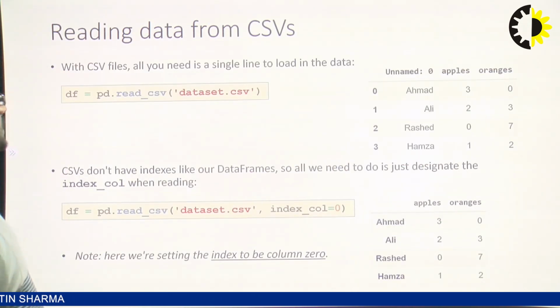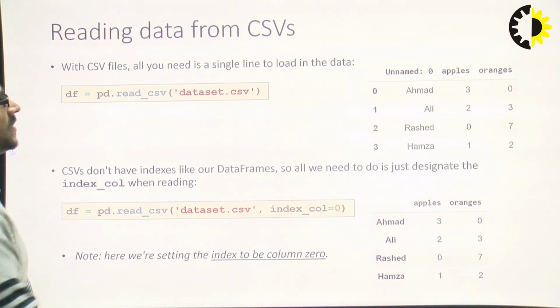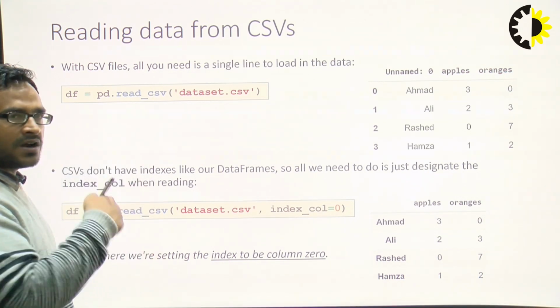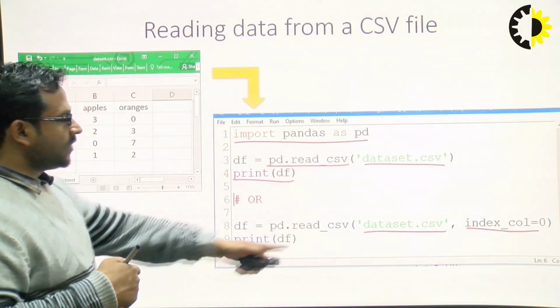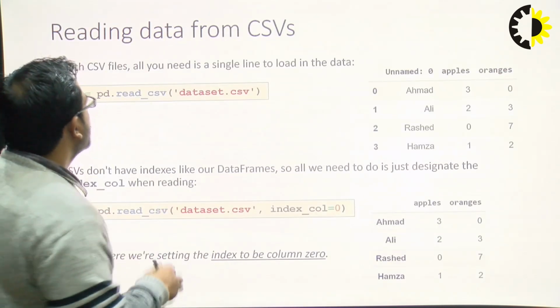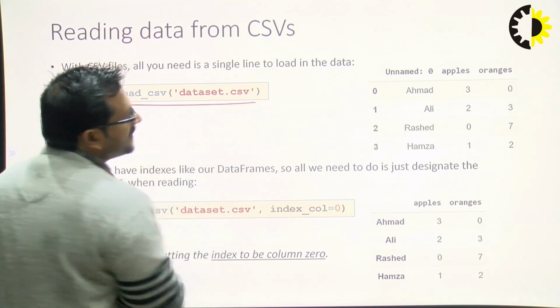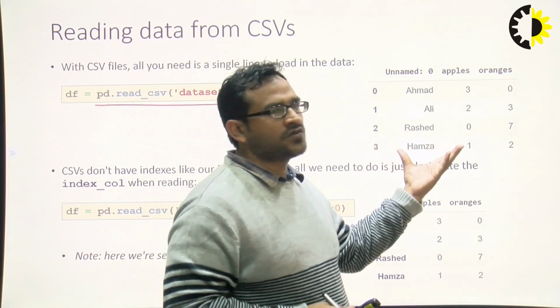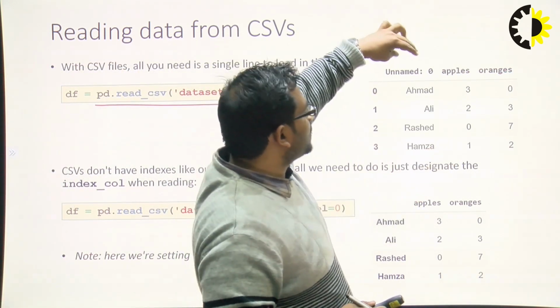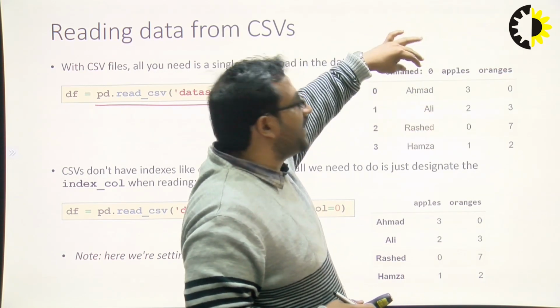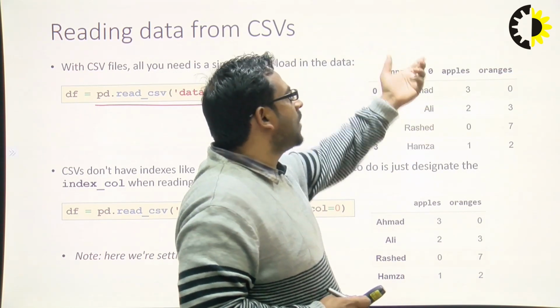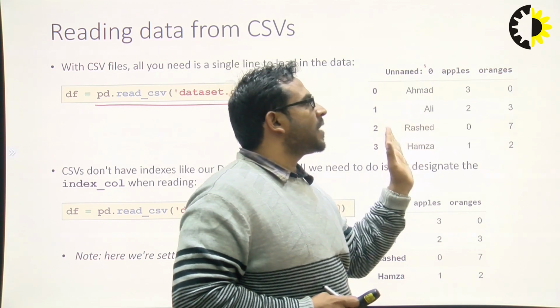Similarly, you can see here we are reading the file. So you can understand index_col equal to 0 through this. When I read this dataset.csv, the data is read in this form, right? And you can see this is also considered as a column. This index value is also considered as part of the data.